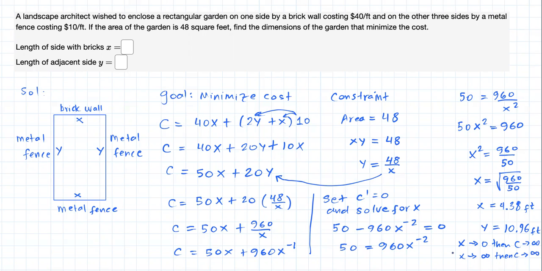If X is close to 0, the cost goes to infinity, and if X is big, it also goes to infinity. Given that the cost function is continuous for X bigger than 0, in between it should achieve its minimum. So this guarantees that these two values we found will indeed lead us to the minimum cost.